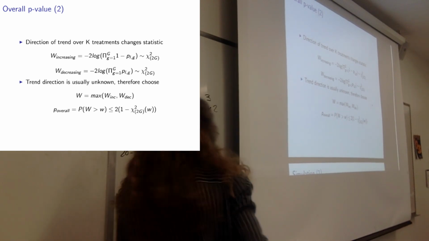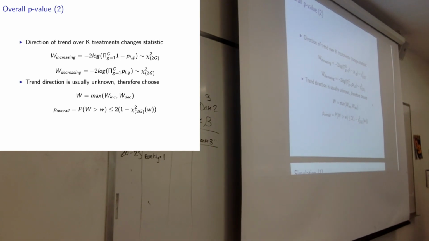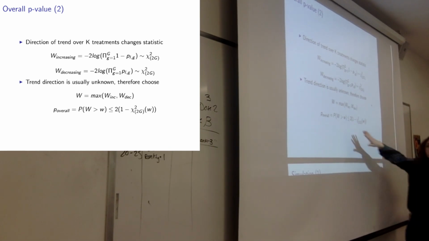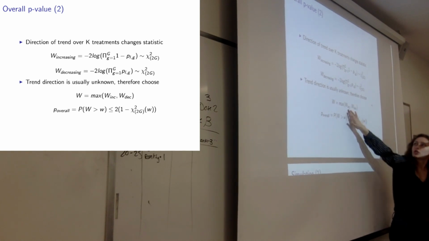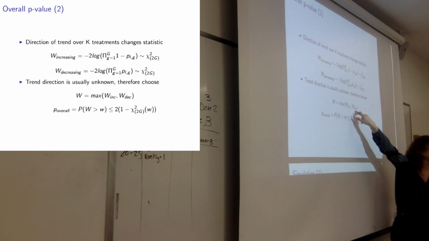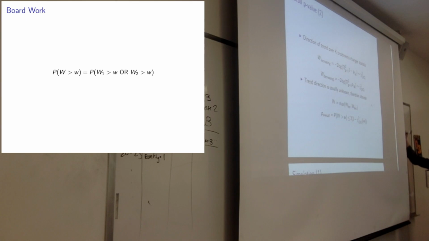I feel like this is helpful, so I'm going to do it over here actually. Okay, so we want the probability of W, and we're choosing the max of either the increasing or the decreasing value. And so if we look at the probability of this W being greater than w, W is a max, so what we're going to do is find a bound for the max, because here we want to be a little bit conservative.